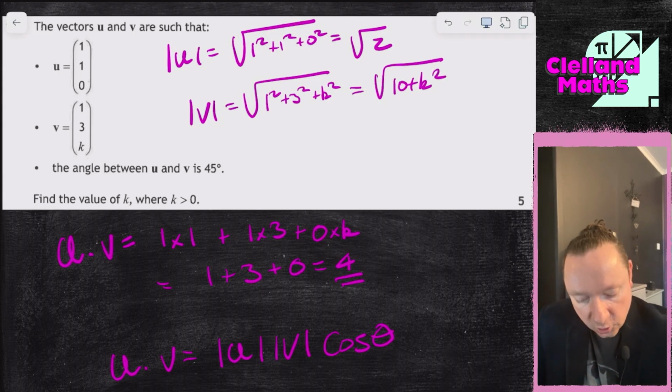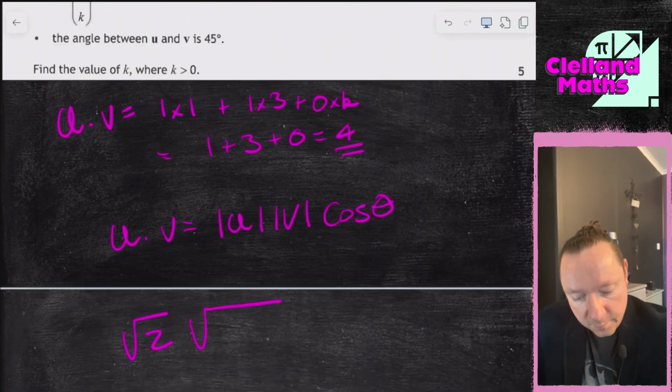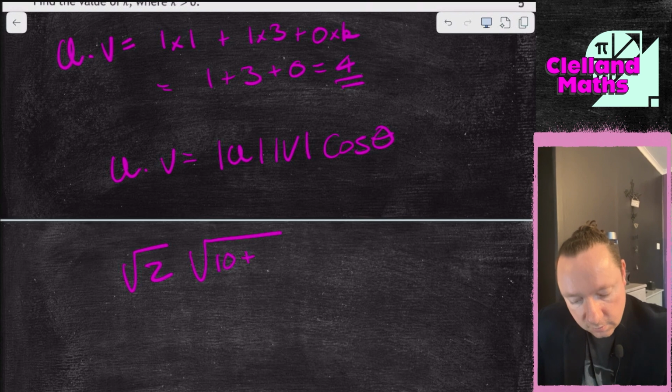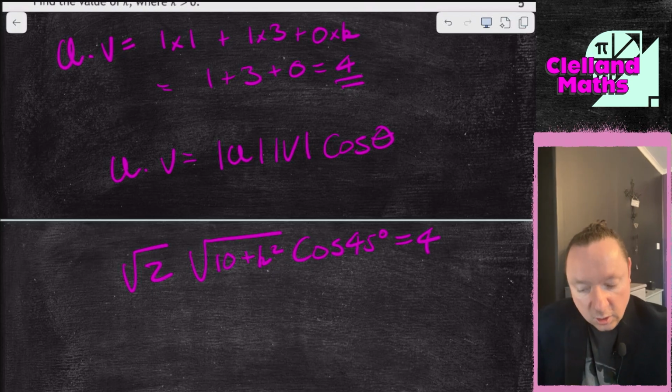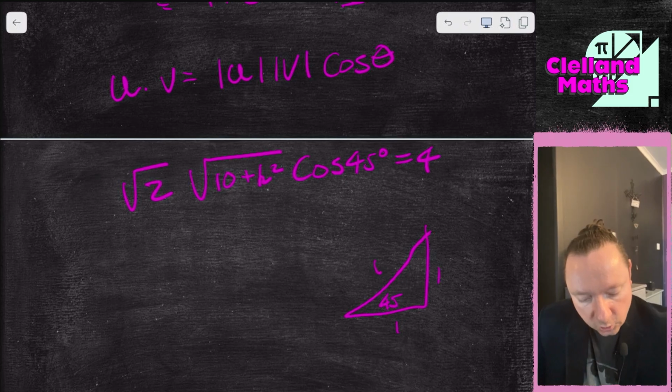So u dot v is |u||v| cos theta, root 2, root 10 plus k squared, cos theta, and theta told us was 45 degrees, and that all equals 4, because I just worked out u dot v was 4. Exact value triangle, 45, 1, 1, root 2.